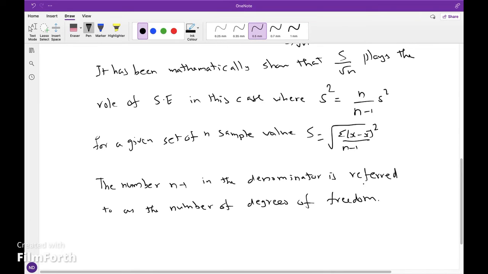Even though n minus 1 is simply a parameter in the t-test, it can be interpreted as the number of degrees of freedom. In a sense, n minus 1 may be interpreted as the number of independent deviations of the form x minus x bar.